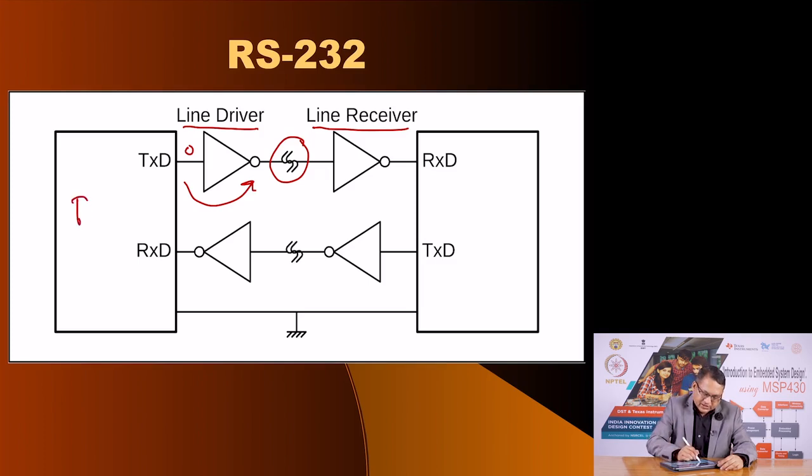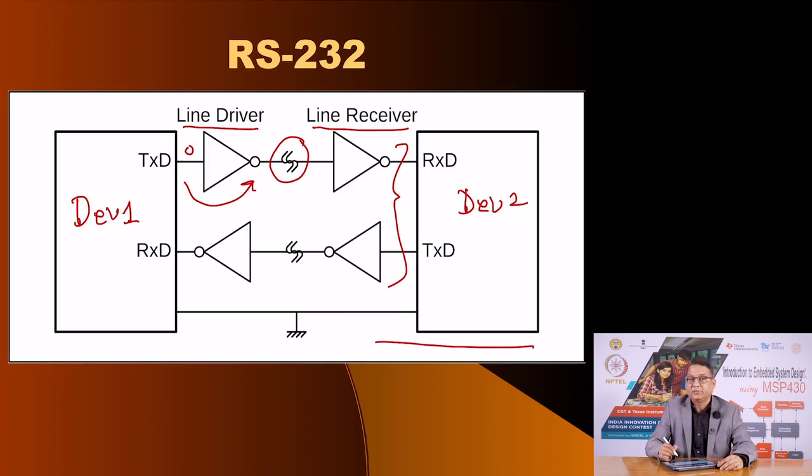So, let us say this is device 1 and this is device 2. Remember that this transmitter and receiver here are connected to this device. So, they may share the supply voltage from device 2, which could be 5 volts, this could be 3 volts. This driver and receiver is connected very close to the device 1 and it may have a different supply voltage, it does not matter.